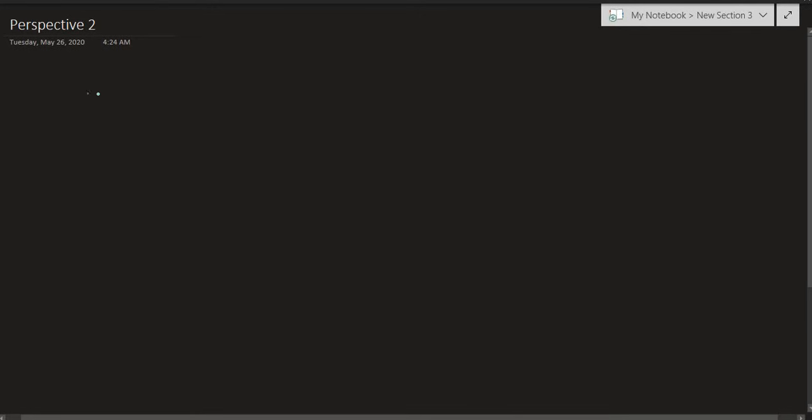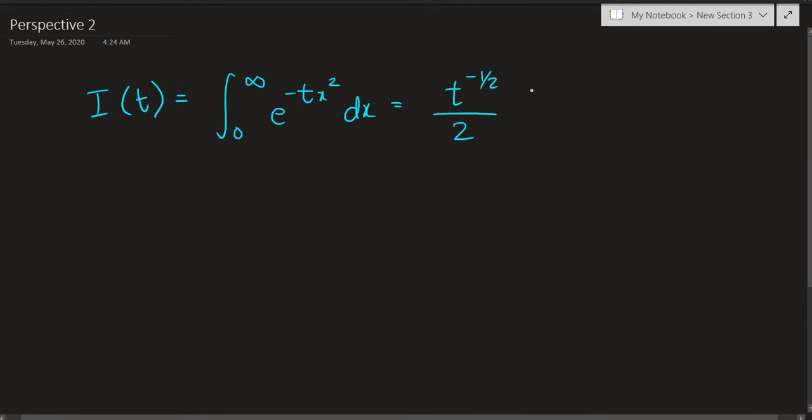So in perspective number 2, I have I of t again, which is defined as the integral from 0 to infinity of e raised to -tx squared dx, and if you remember correctly, that was just equal to t to the -1/2 power divided by 2 times the gamma of half.